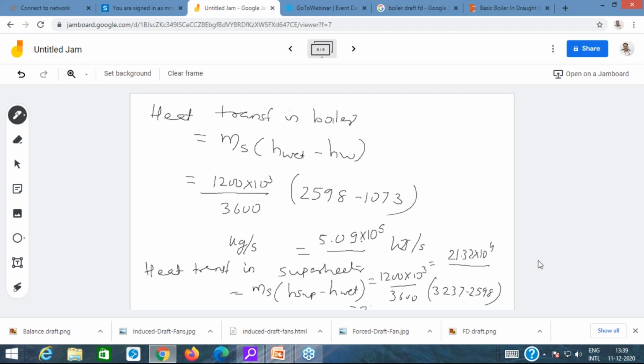Yeah, Gauri, you are right. Gauri has got it right. So check the raised to thing. The first answer is 5.09 into 10 raised to 5, and the second answer is 2.12 into 10 raised to 5. Akanksha, you are missing one unit.